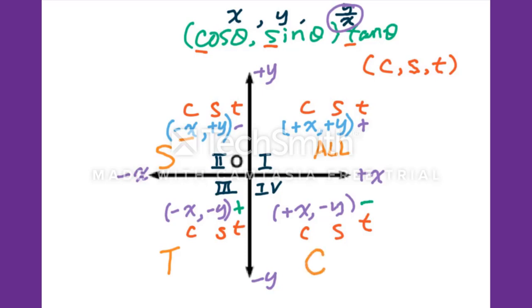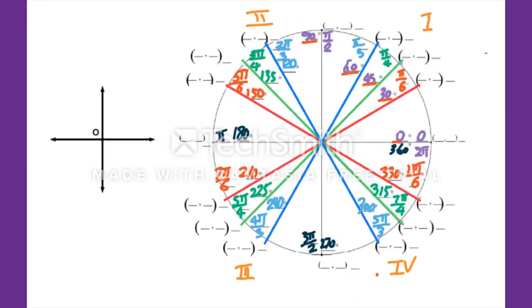People make a sentence to remember this. All students take calculus, to remember for each quadrant which trig function is positive. Now go back here.